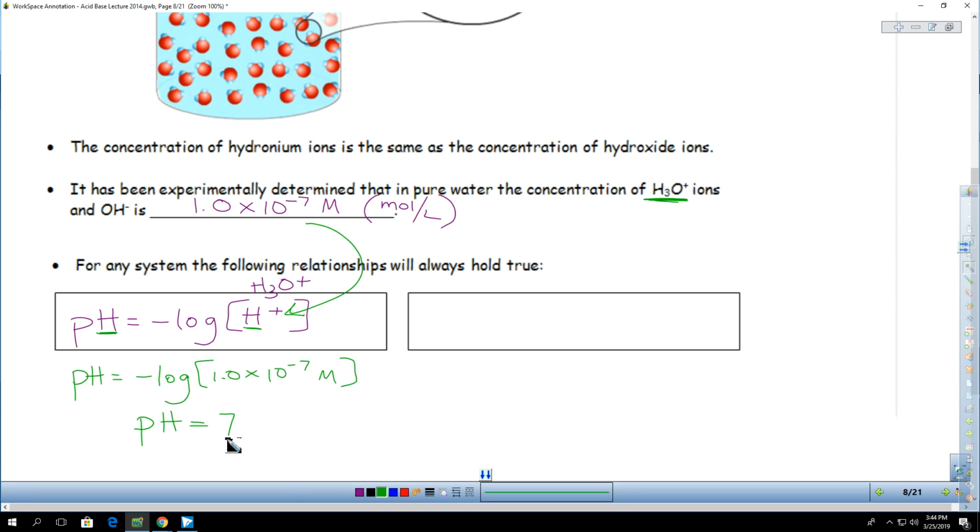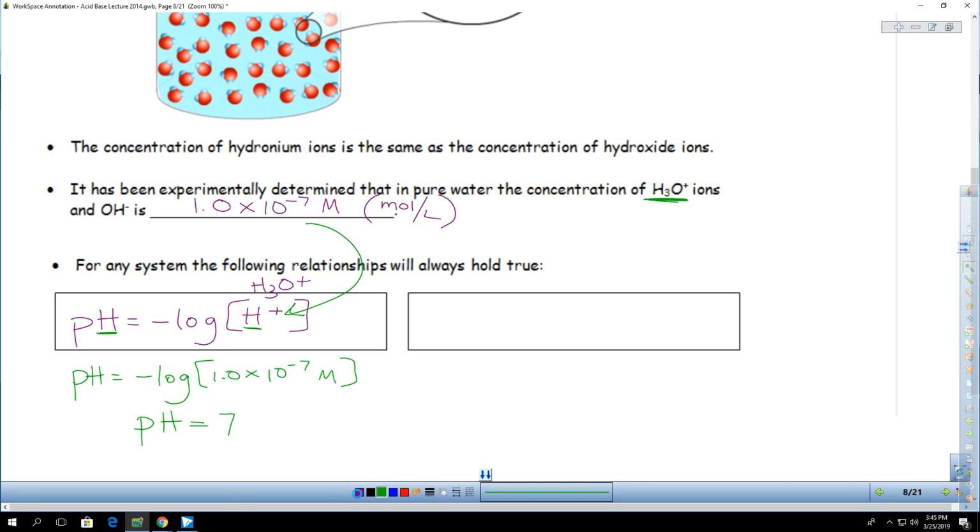And it's not that somebody made up this scale. It's just that it has been experimentally determined that that is the amount of hydrogen in a pure sample of water. So this is one of the equations that we'll use quite a bit when we look at solutions and measure how acidic or how basic they are. The other one that we'll use is this.